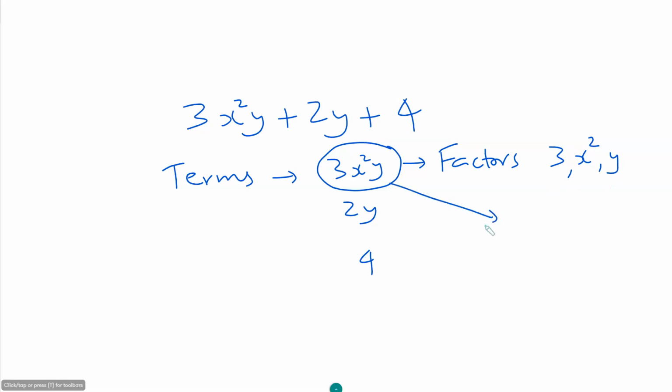And the coefficient of this term is 3. Now let's look at a few more expressions. You can write an expression like just 3x. You could also write 3x plus 5. You can even write 3x plus 4y plus 5.